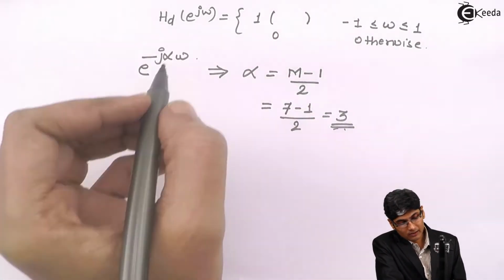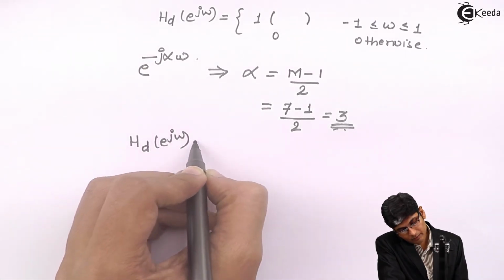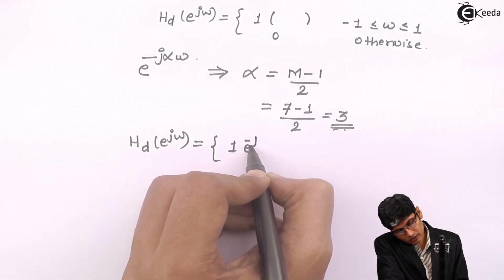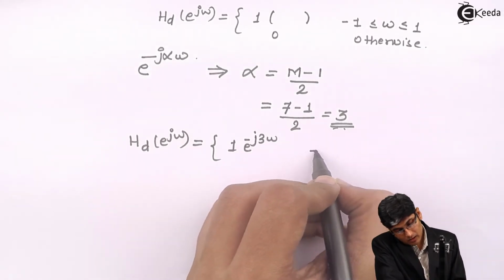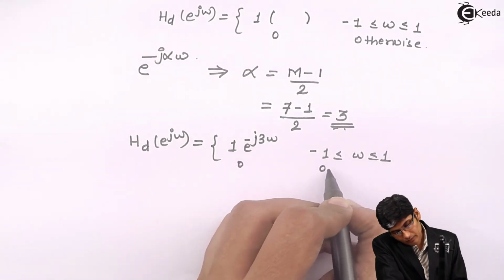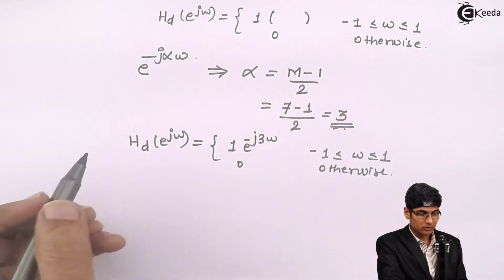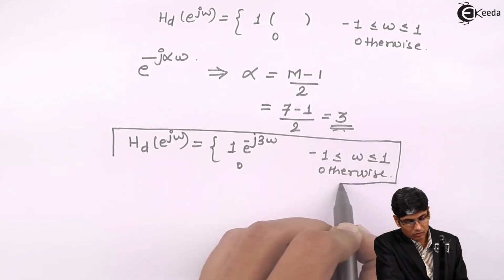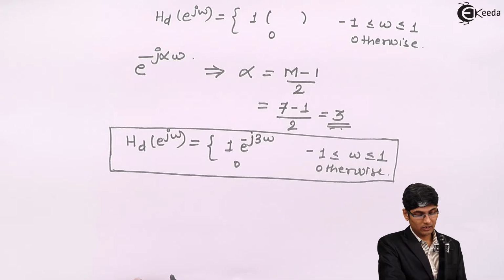Now if I substitute, my Hd of e raised to j omega will be 1 times e raised to minus j 3 omega, that is the bracket term, for minus 1 less than or equal to omega less than or equal to 1, and 0 otherwise. So this is the Hd of e raised to j omega that we have obtained from step 1.